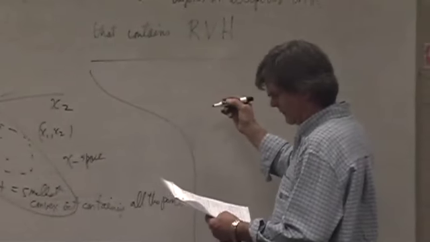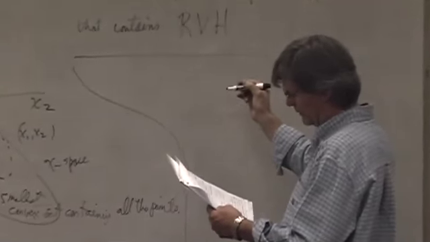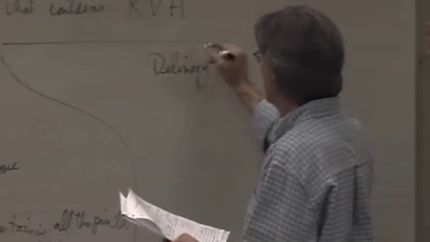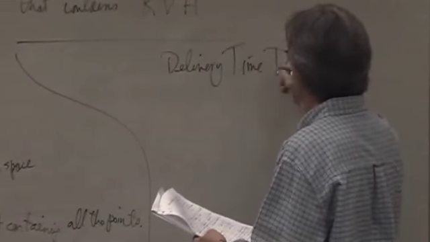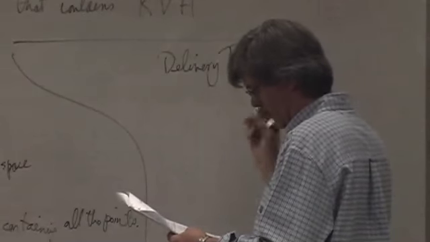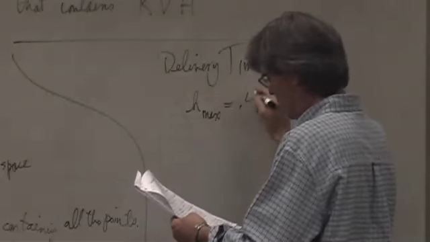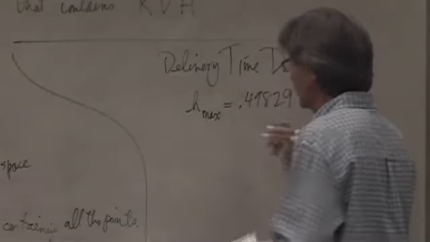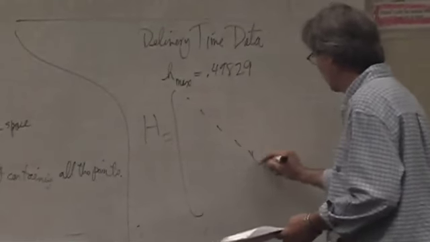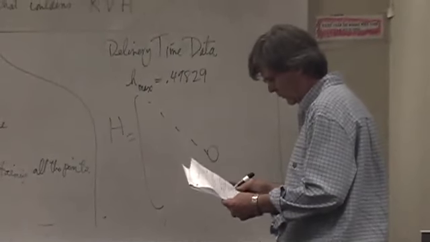So, in the case of the delivery time data, then you have h_max, it turns out to be equal to 0.49829. All right? So you get an H matrix, and it looks like something, and the biggest number on the diagonal is somewhere. And I'm not sure exactly which diagonal element it was.